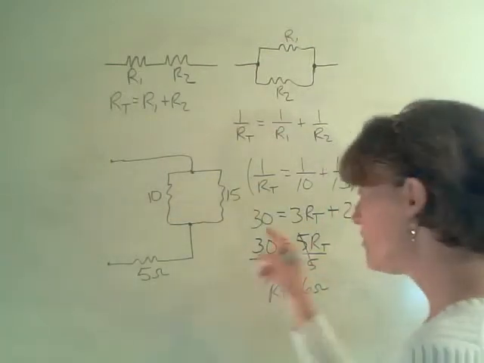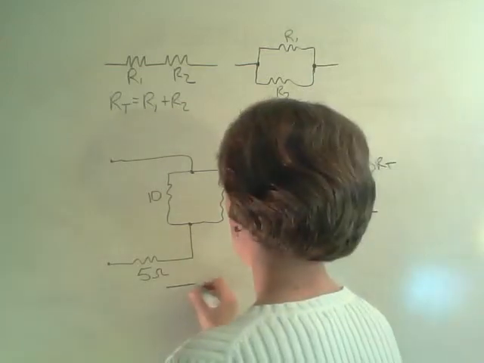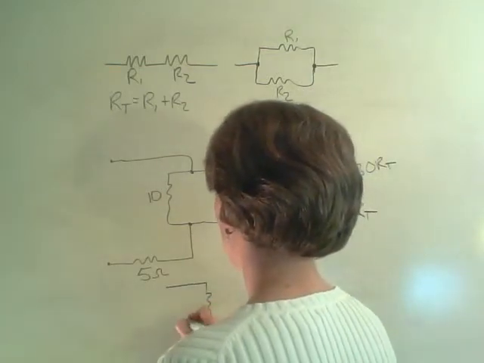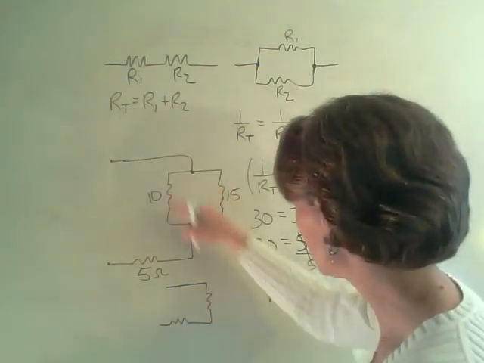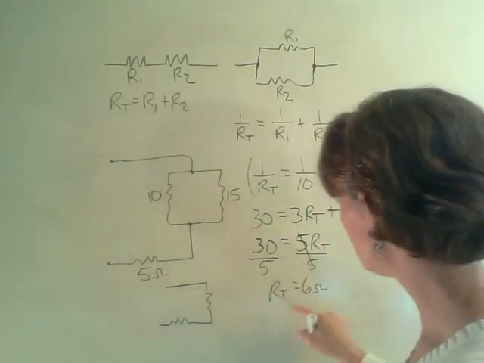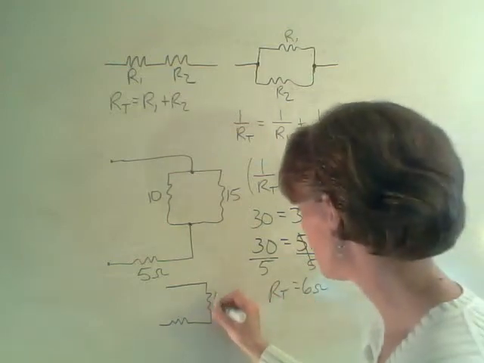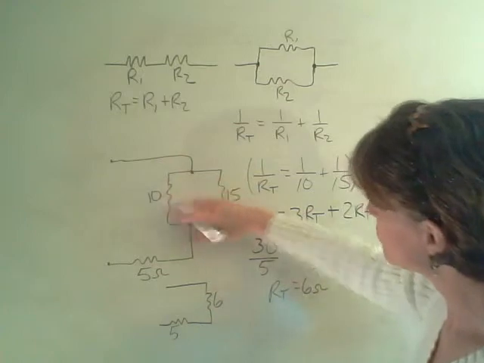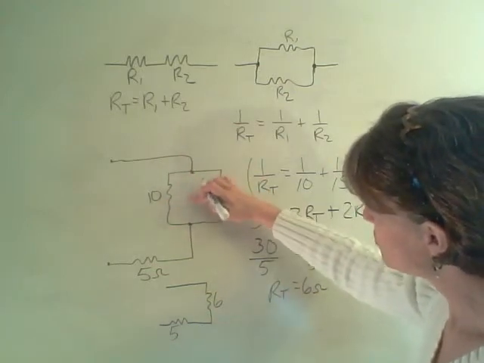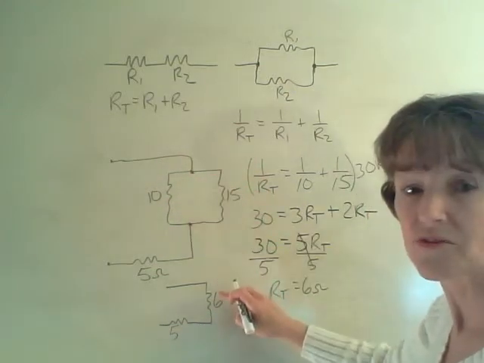So really, this circuit can be drawn like this. All right, where here is my parallel combination that we decided was 6 ohms. So I'll put a 6 here. And here's my 5 right here. I simply erased this and put a resistor in its place, and it was 6.